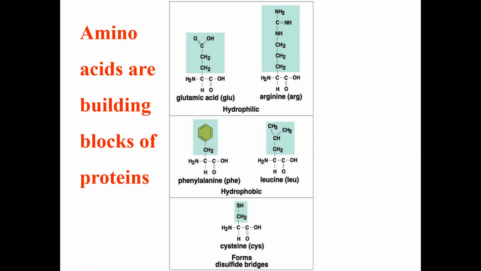As we had said, amino acids basically build up a protein. So what are some of our amino acids? Here we have something like glutamic acid, arginine, phenylalanine, leucine, and cysteine, and these all form to produce our proteins.